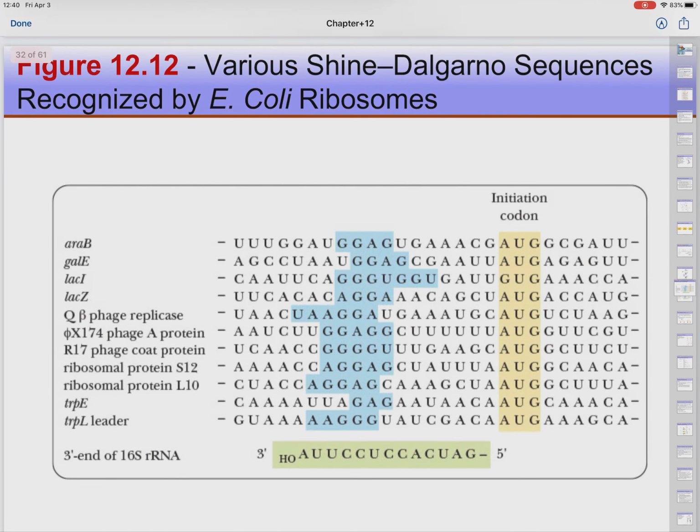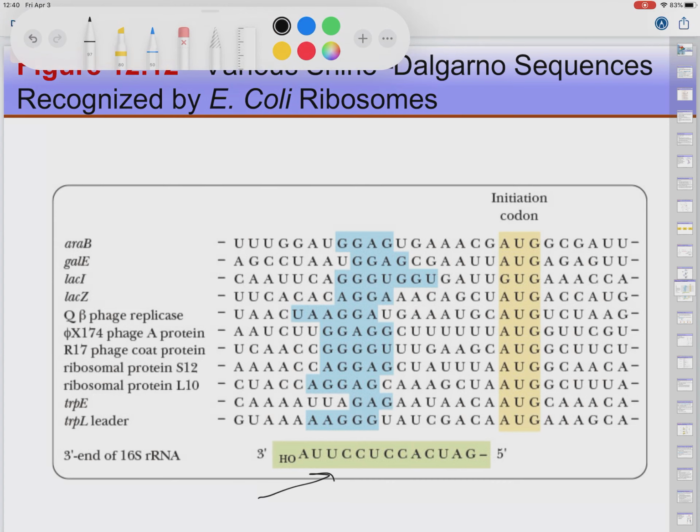Here are a couple of Shine-Dalgarno sequences from various organisms. You can see that it's relatively conserved. In either case, there's a lot of A's and G's, purine rich. And then here we see the sequence in the ribosome, the part of that ribosome that actually recognizes this. And so again, pyrimidine rich.